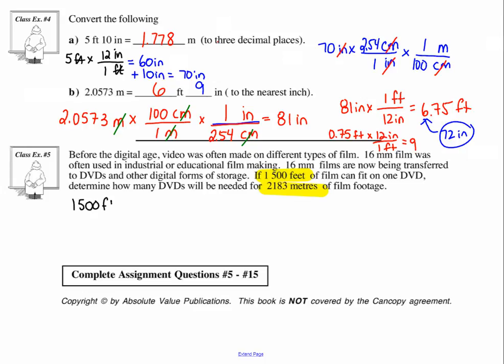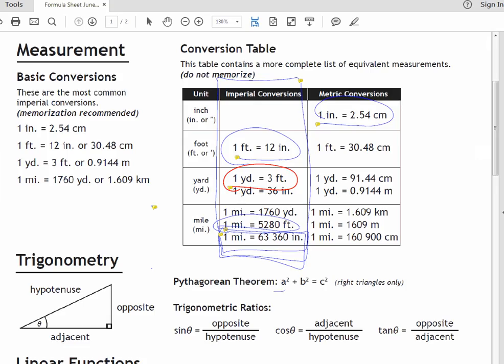So, 1,500 feet times... Is there a feet to meter conversion on your formula sheet? I see a foot to centimeter, and then centimeters to meters.